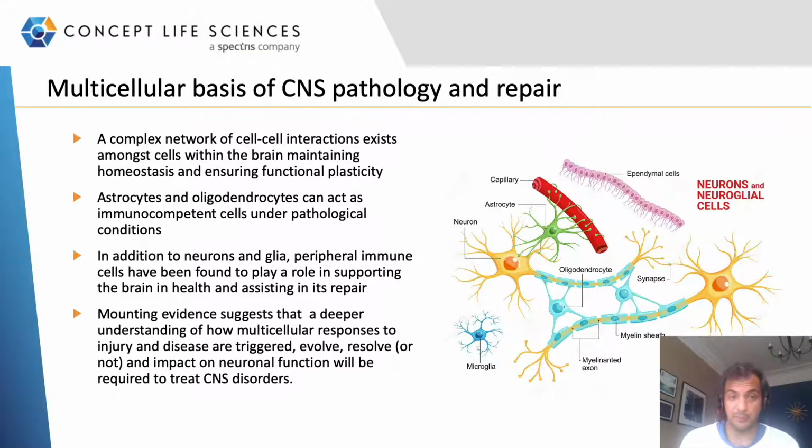As I'm sure many of you are fully aware, CNS drug discovery is not for the faint-hearted. The high attrition rate is really reflective of the complexity of the human brain. And because of this, there is an increasing interest in trying to understand the cellular and molecular mechanisms that underpin a lot of pathology and repair mechanisms in the brain.